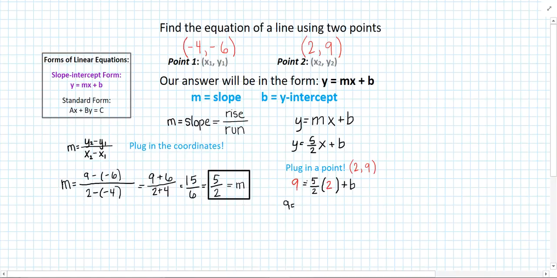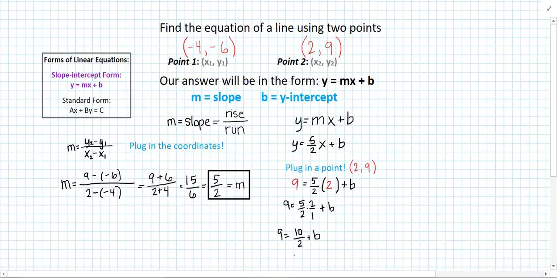So 9 equals, and this 5 over 2 times 2 is the same as 5 over 2 times 2 over 1. So writing it this way makes it a little easier. We can just multiply straight across. And so then that becomes 10 on the top and 2 on the bottom.